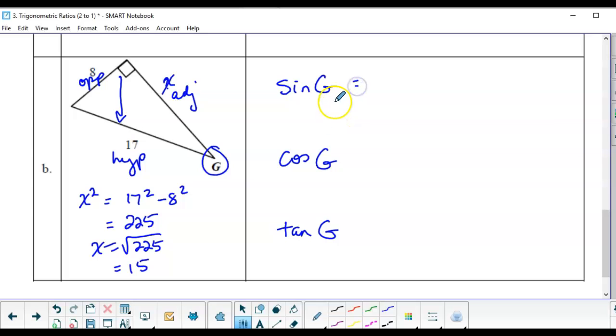So sine of G is opposite over hypotenuse. Cos is adjacent over hypotenuse, and tan is opposite over adjacent.